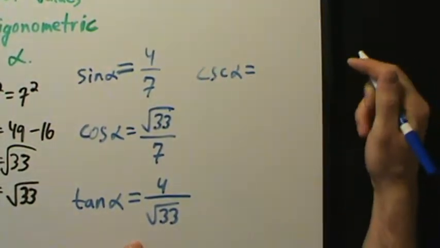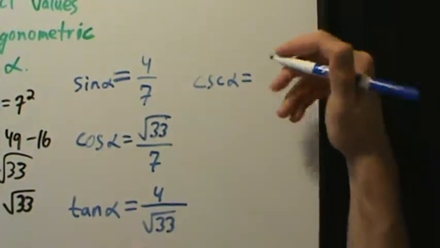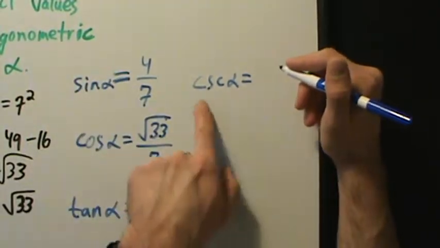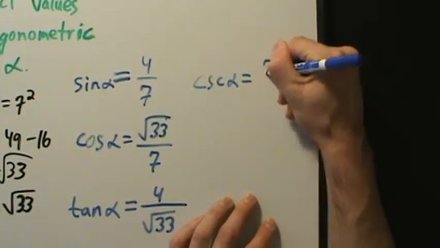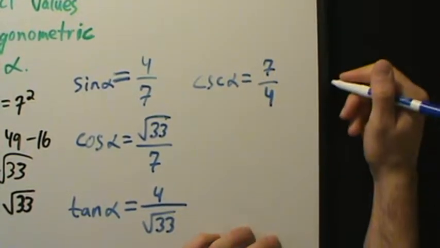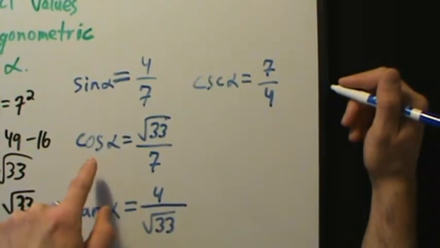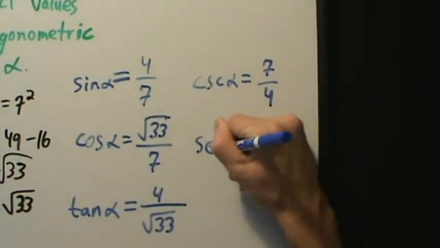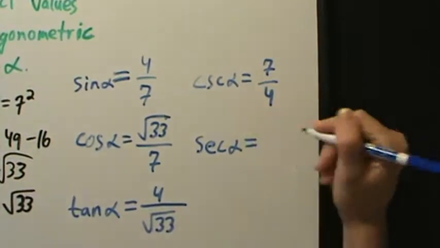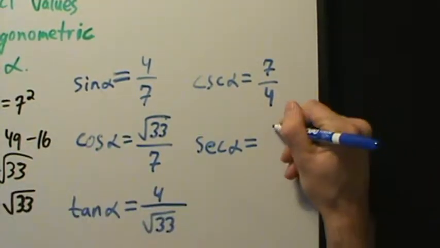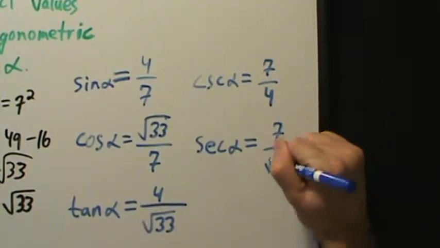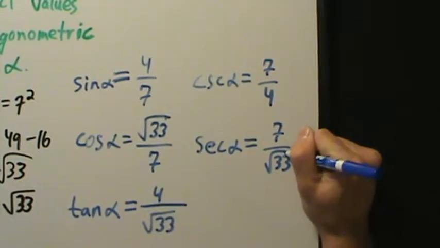Remember, cosecant is the reciprocal of the sine. Okay, so if the sine is 4 over 7, then cosecant is the reciprocal of that, which is 7 over 4. Okay. Cosine of alpha, if we take the reciprocal of that, we're going to get secant of alpha. So the secant of alpha is the reciprocal of this guy, which is going to be 7 over root 33.